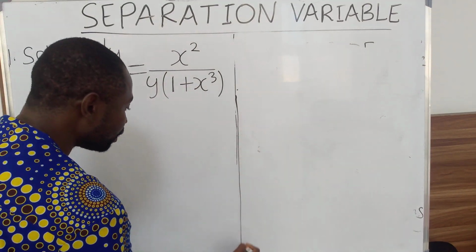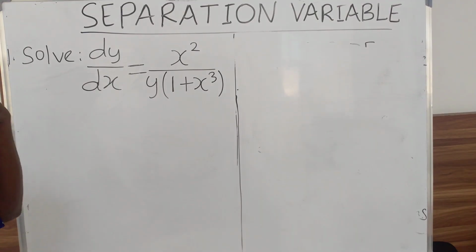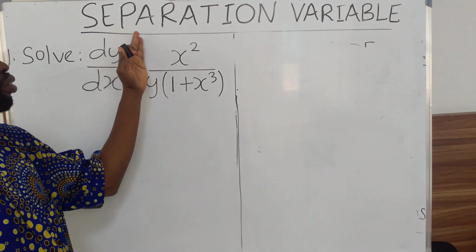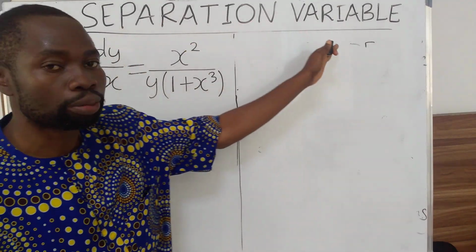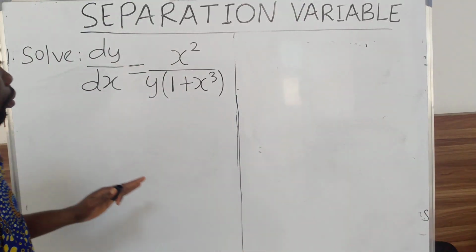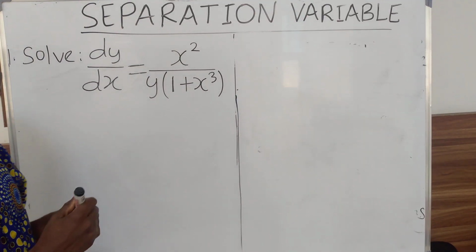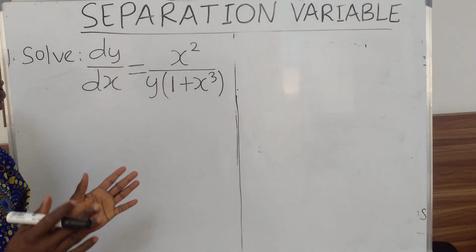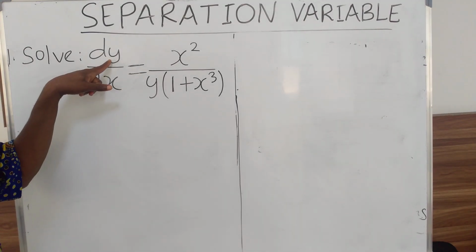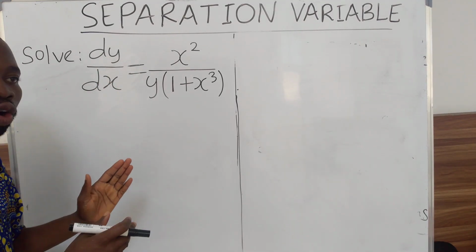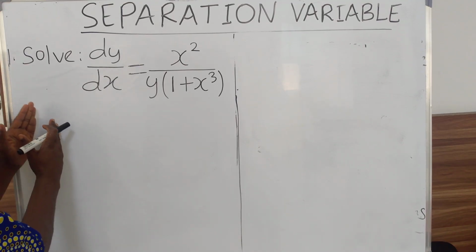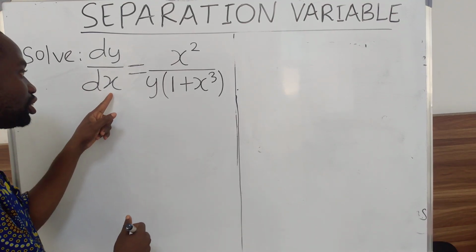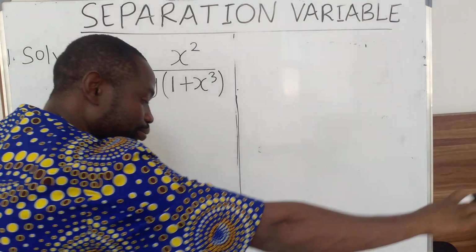Now, how do you know that you can use separation of variables? When you look at the question, you will rearrange it in such a way that all the dy will be on one side with y, and all your dx will be on the other side with x.